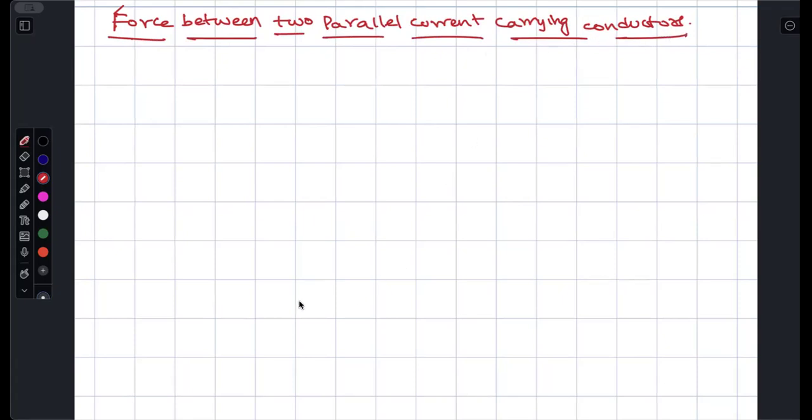Right. Now imagine that you have a current carrying conductor I1, long straight current carrying conductor. And you have another long straight current carrying conductor carrying current in the same direction. They are long. Forget about your right side conductor for a while. Okay.